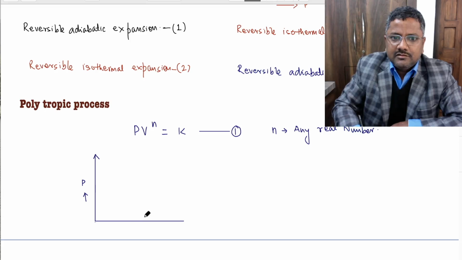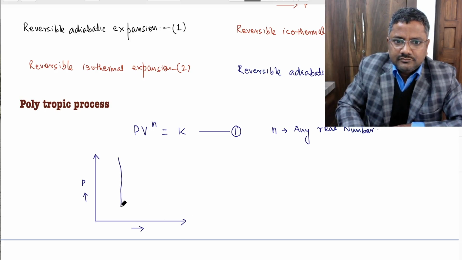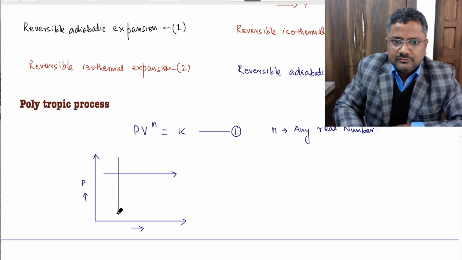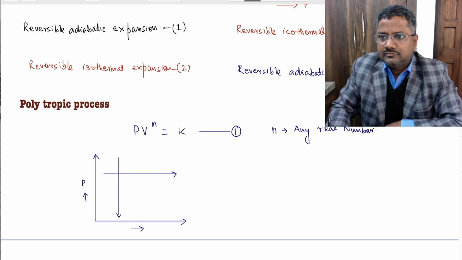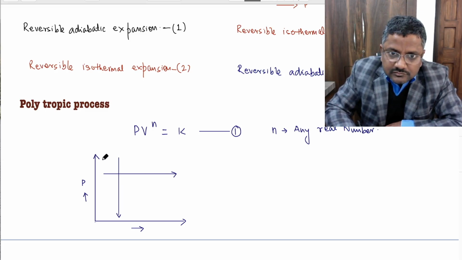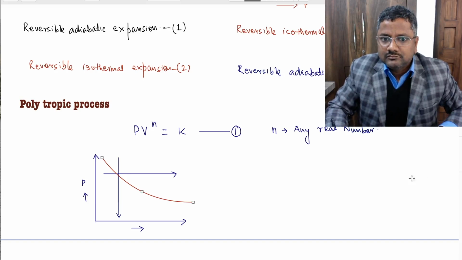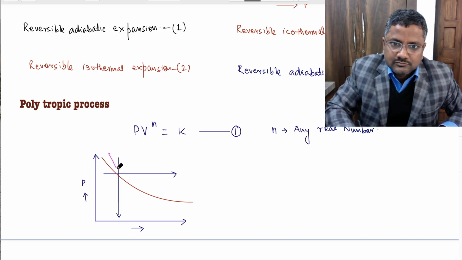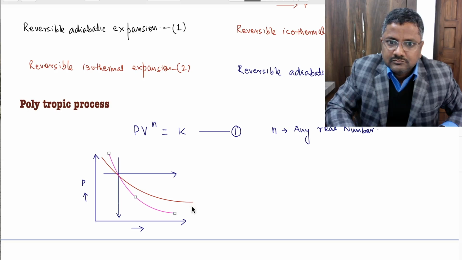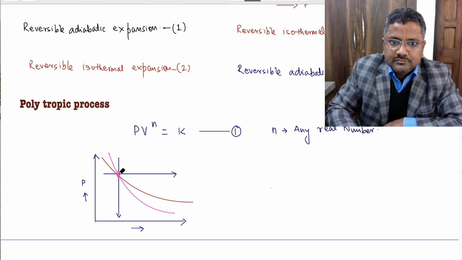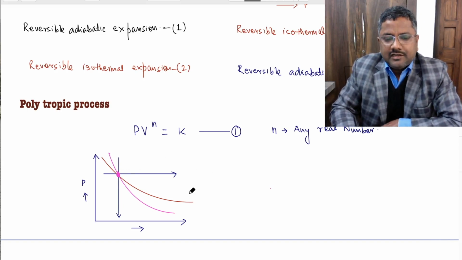This is P and this is V. So see the different plots I have shown here.